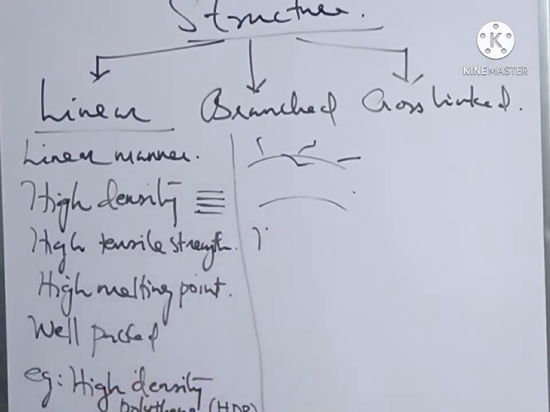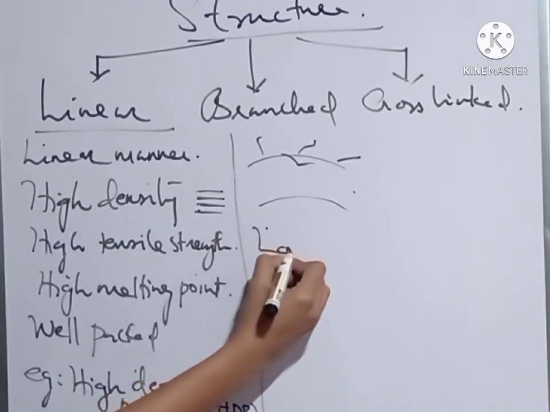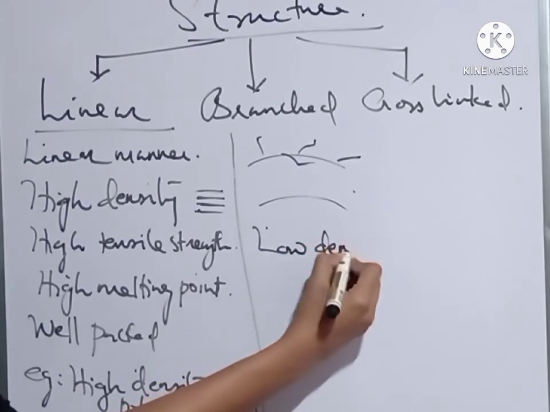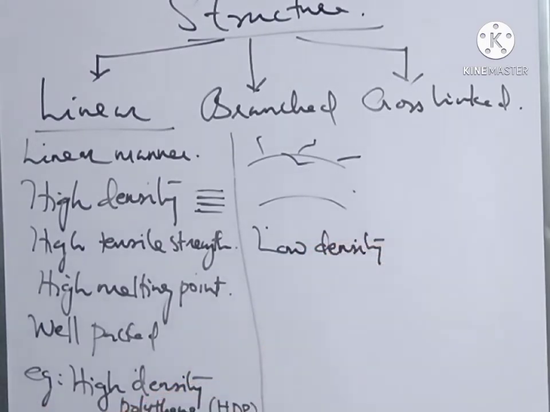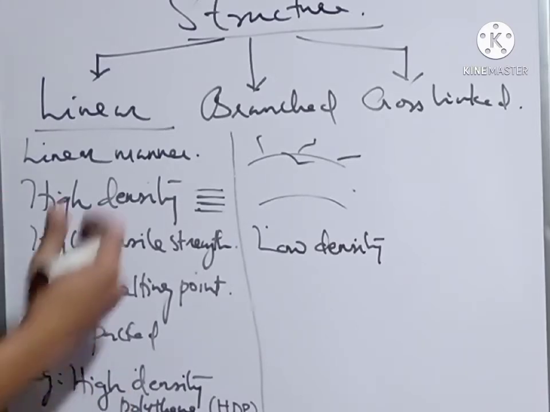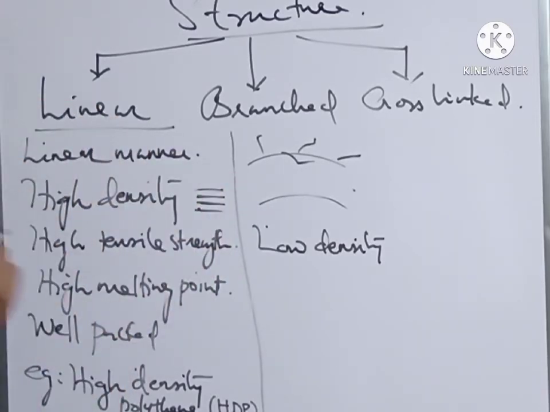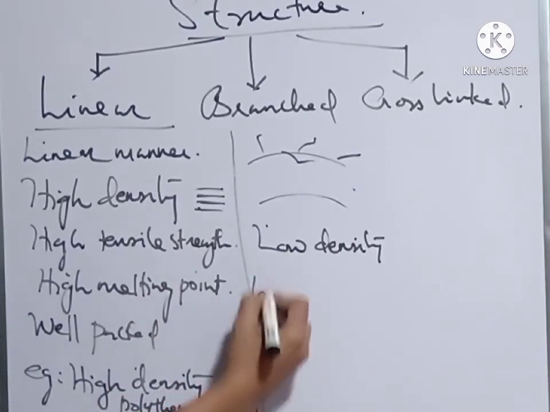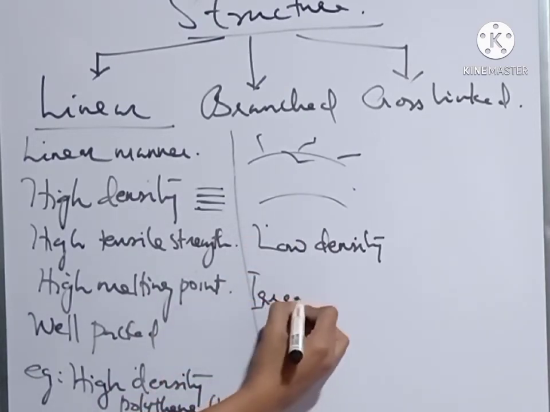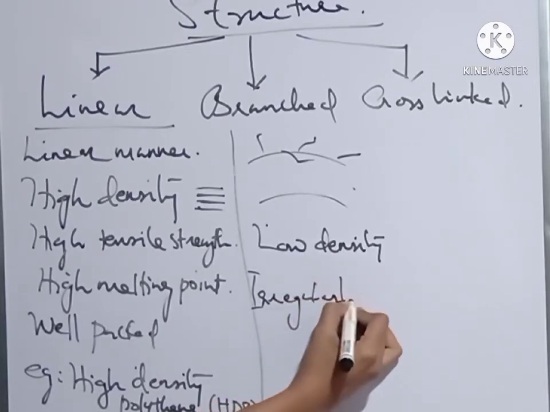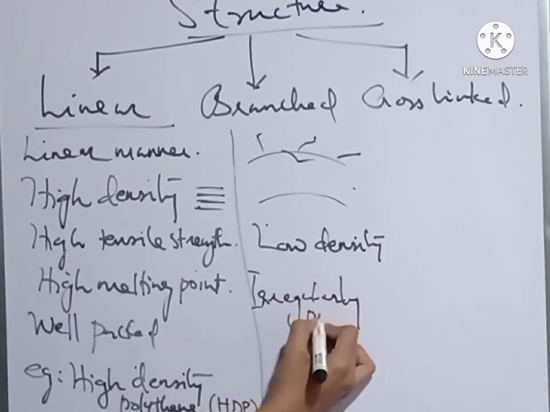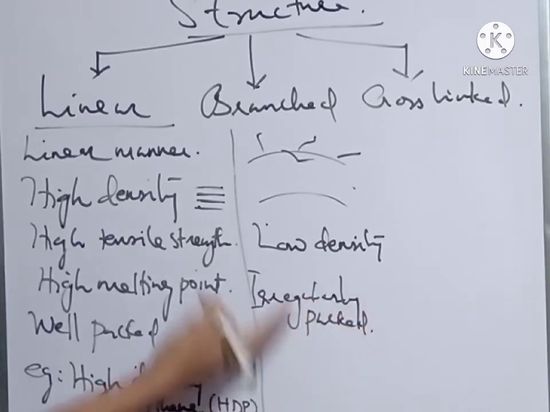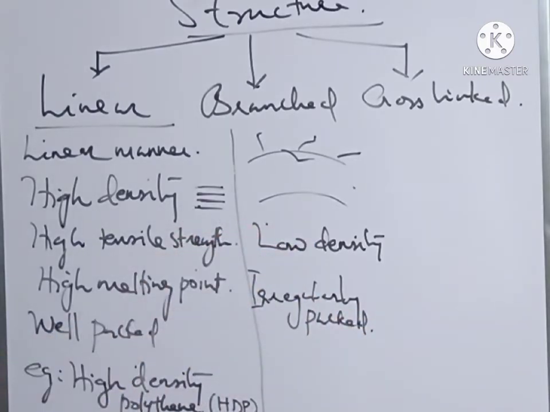So we can say these have low density. Unlike linear polymers, these are irregularly packed. Here these are well packed, but branched polymers are irregularly packed. That is why their density is very low.